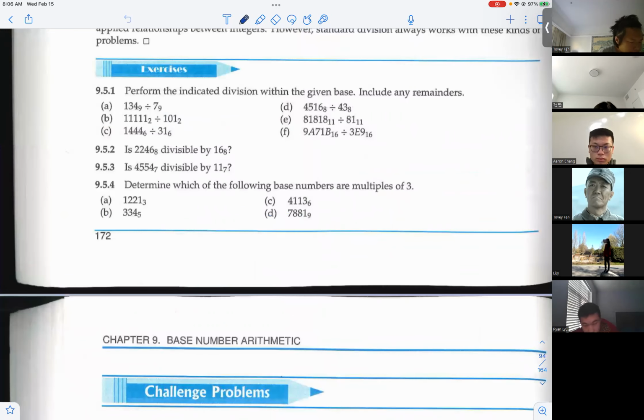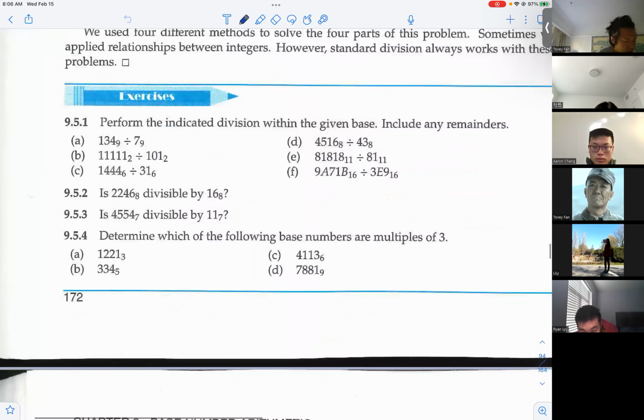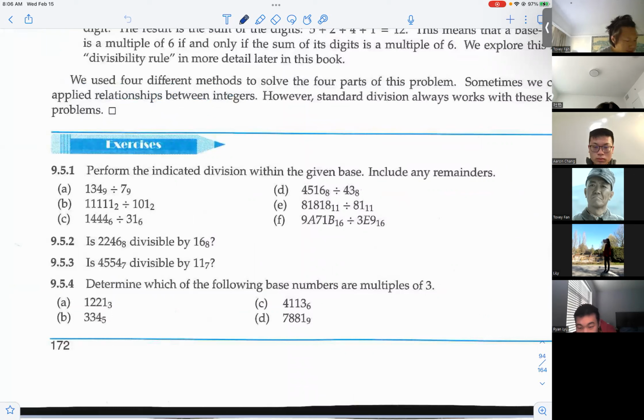So yeah, for Aaron, I just browsed through your homework. So you basically did this part, right? And 9.4, you did all of them correctly. 9.5, I think you just didn't do 9.5.4C, right?